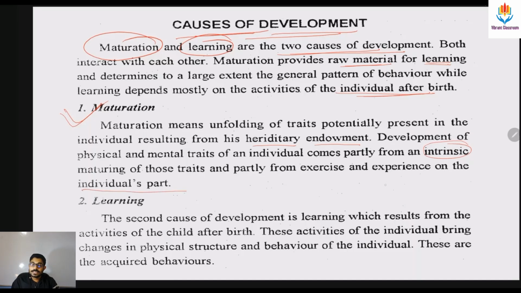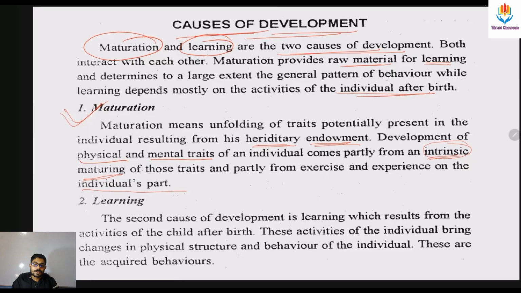So here we found maturation that comes from heredity and endowment, and it leads towards the development of physical and mental traits, partly from intrinsic maturity, and externally maturity also occurs at that stage.